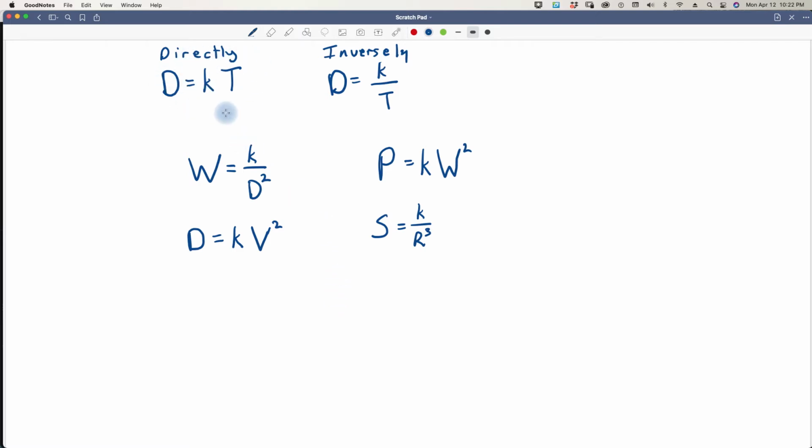Directly is multiplication, inversely is division. When it says squared, you add the square to whatever that last variable is. If it says cubed, you add that 3 to whatever the last variable is. Whatever variable it says is squared, that's the one you stick it on. So let's jump into example 117.1 and see how we do.